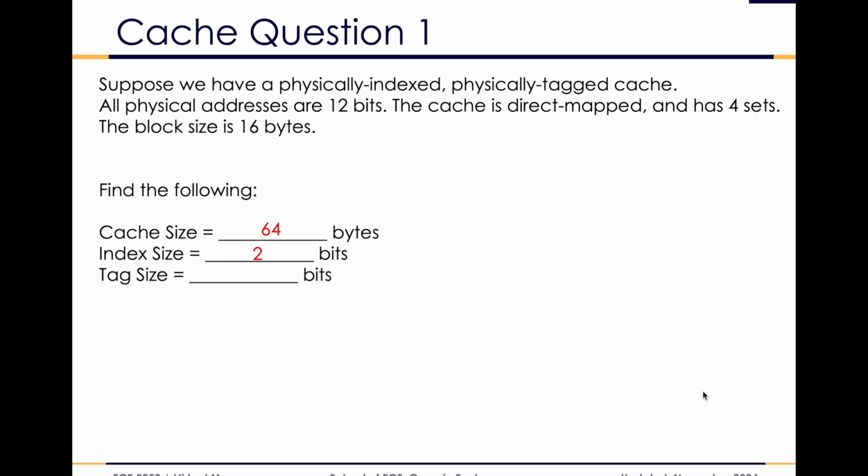So again, we can do the log base 2 method. Log base 2 of 16 is 4, or also 2 raised to the power of 4 is 16. So therefore we know our offset is 4 bits. So our index is 2, offset is 4, our total address is 12, so it's just 12 minus 4 minus 2, which gives us a total of 6 bits for the tag size.